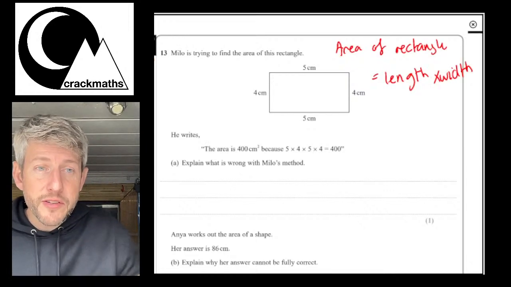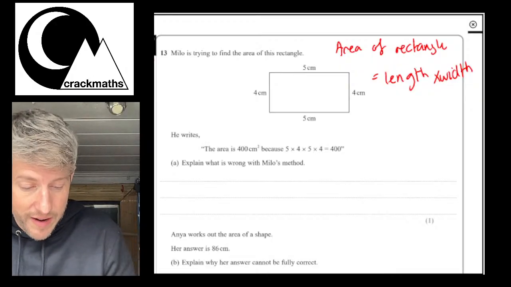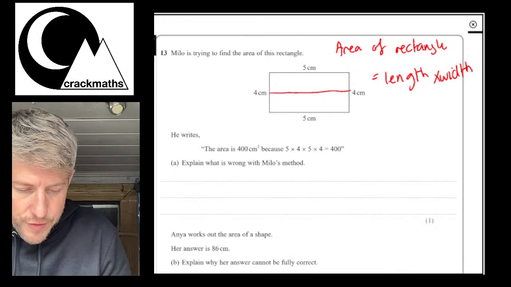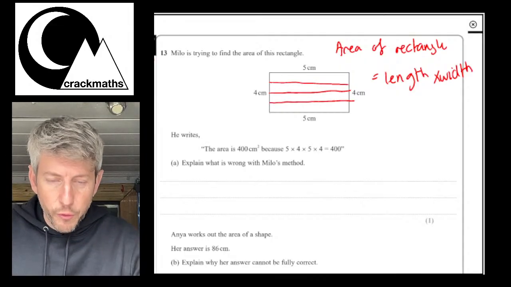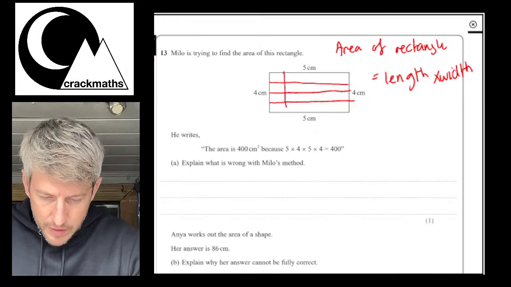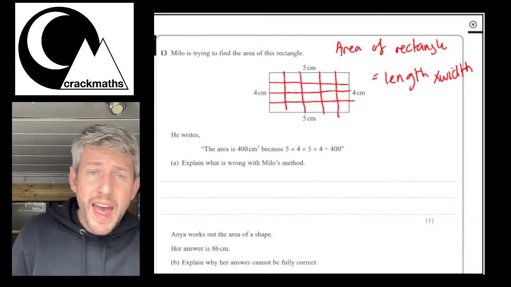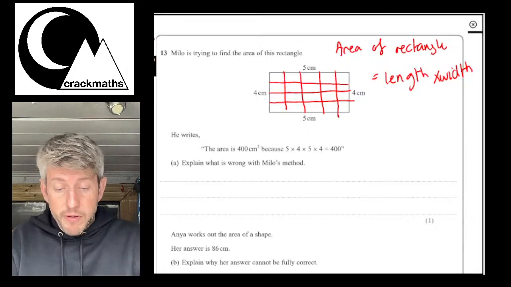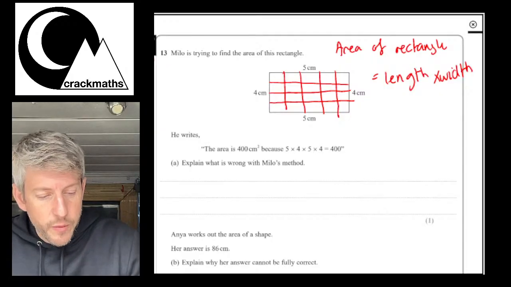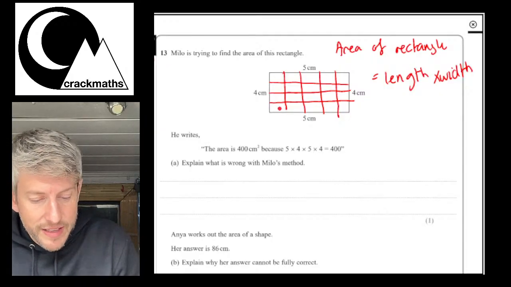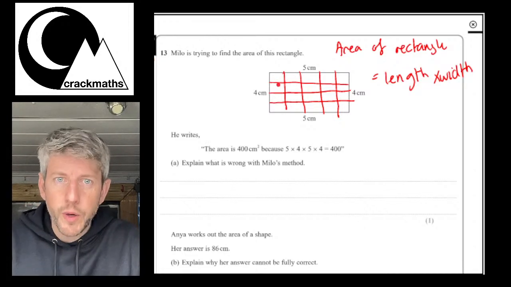Okay, because essentially the area of the rectangle is helping us find out how many squares there are in the rectangle. So with this one, if we drew this up, we'd see, if we divide that way, we've got 4 centimetres in this direction, and then we've got 5 centimetres in this direction. So the area of the shape is referring to how many of these squares we've got. The way that we do it is it's length times width, because we've basically got 5 lots of 4 squares.